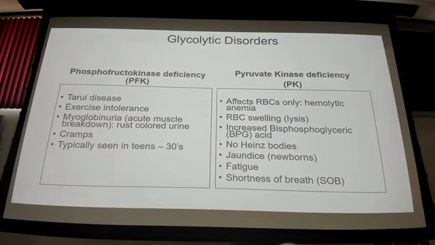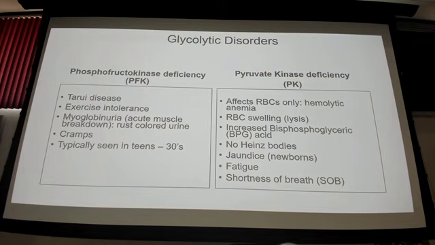It's being converted to bilirubin and biliverdin, and that is not filtered from the body fast enough, so that's going to cause jaundice in babies. And because we're not getting enough oxygen and we're not able to produce energy, that's going to cause shortness of breath and muscle fatigue as well.